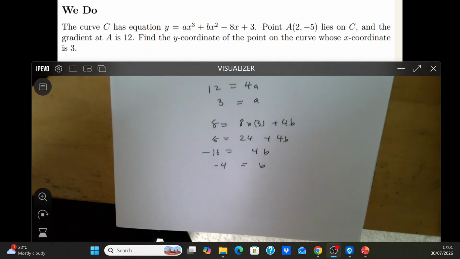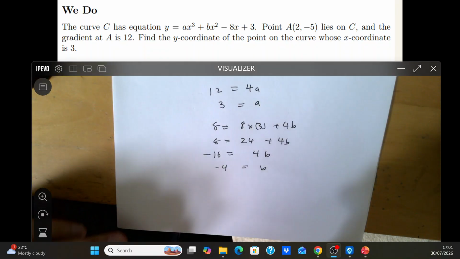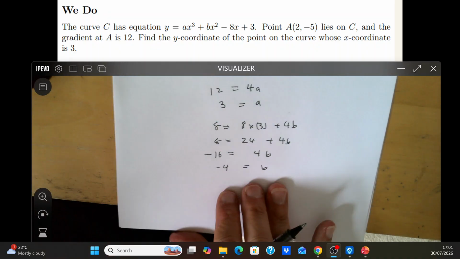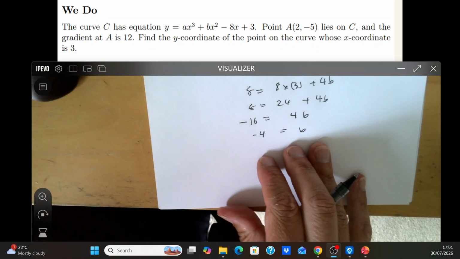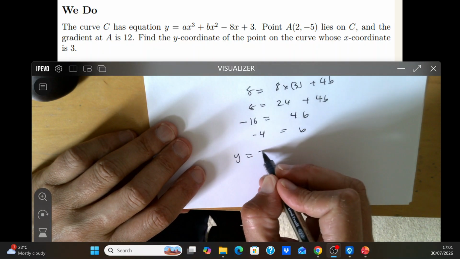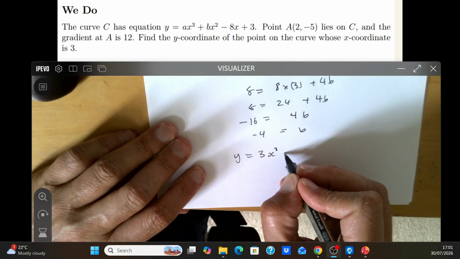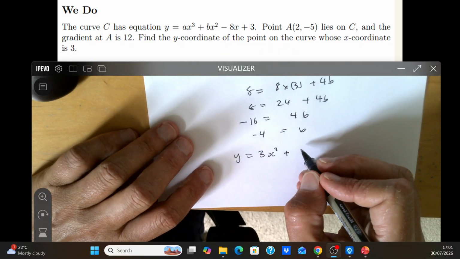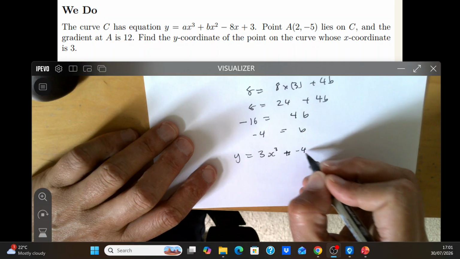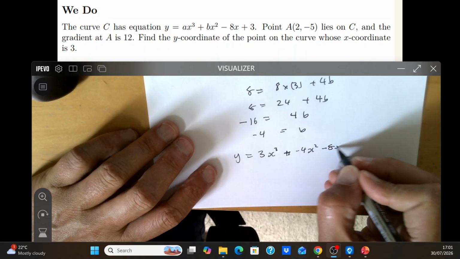Now I've got that and I've got that. What do I need to do with my a and b? That's right, put them back into my equation to work it out. So the equation is y equals 3x cubed minus 4x squared minus 8x plus 3.